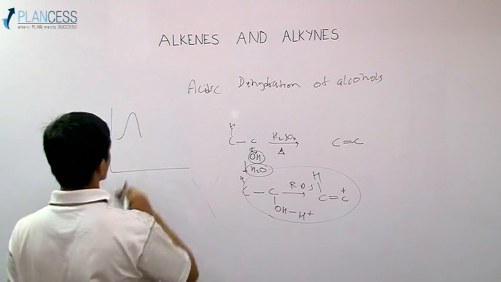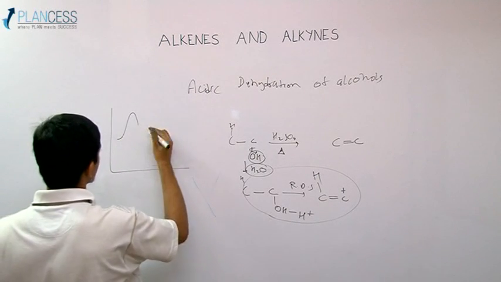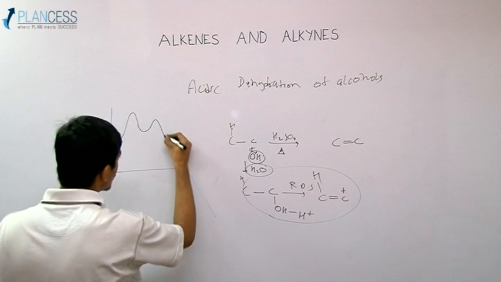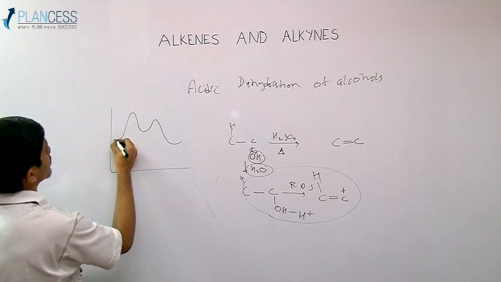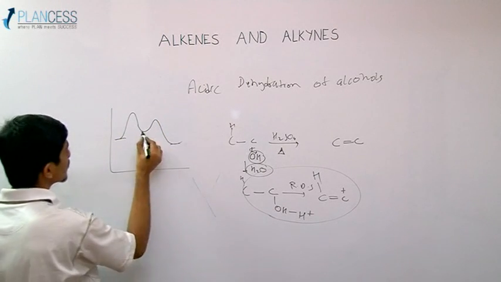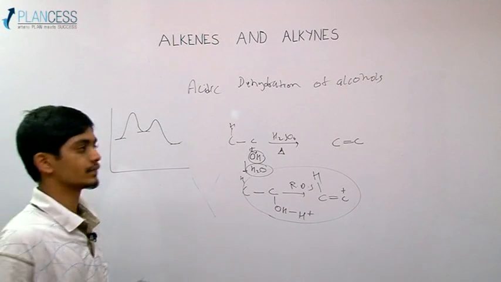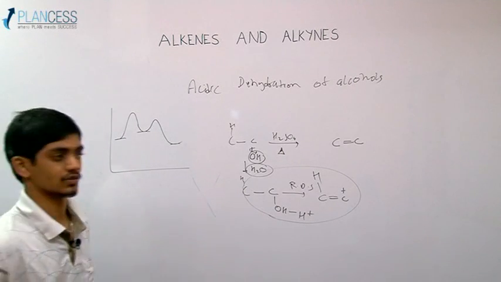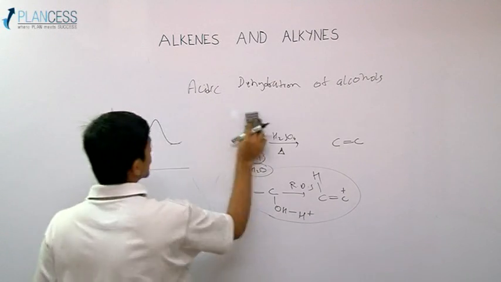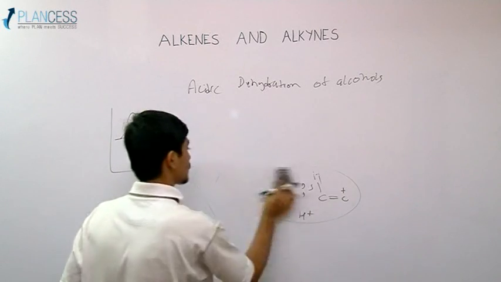As an example, in this intermediate diagram, we can have something like this. This is our original reactant and product. This is the carbocation that we get. This is quite the same as the E1 reaction. Now, I want you to write the product for this reaction.